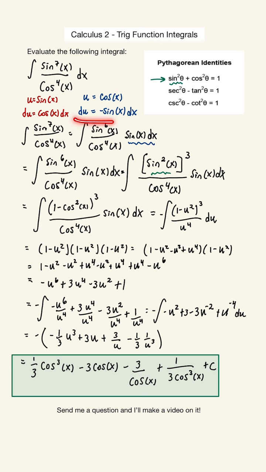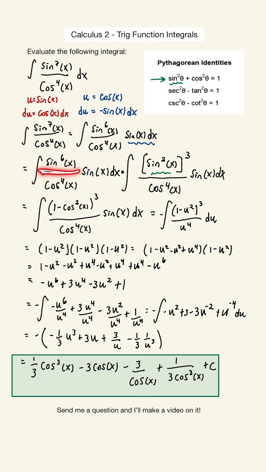Before we do that, we can expand our integral a little bit further. In the numerator, we have a sine term, and in the denominator, we have a cosine term, but our u is cosine. So we want to have our fraction in terms of cosine because we want to do u substitution.